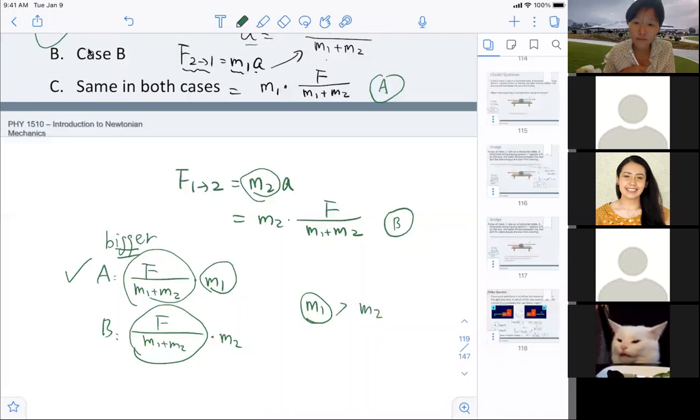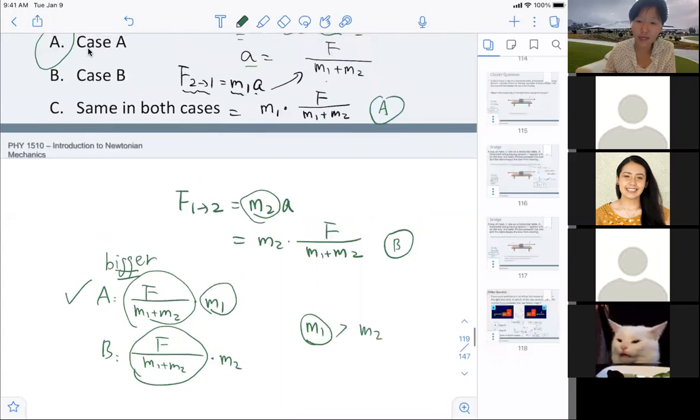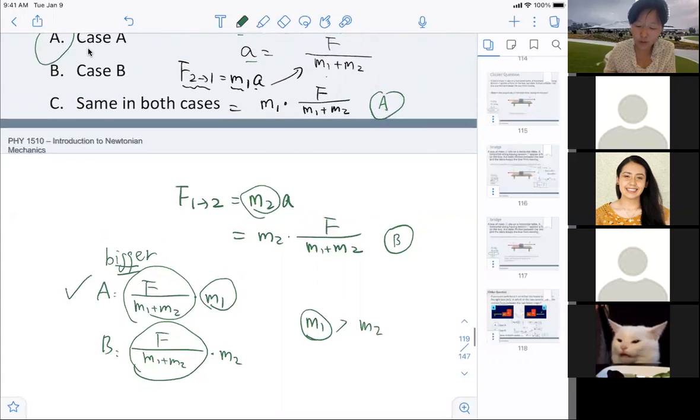So I know that you did M of 2. Oh, I got it, because A is proportional to F over M1 plus M2. It is the same for both. You could have just replaced the whole thing with just A, and that would maybe be easier to look at.